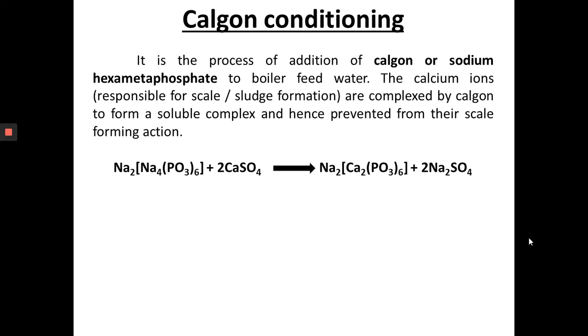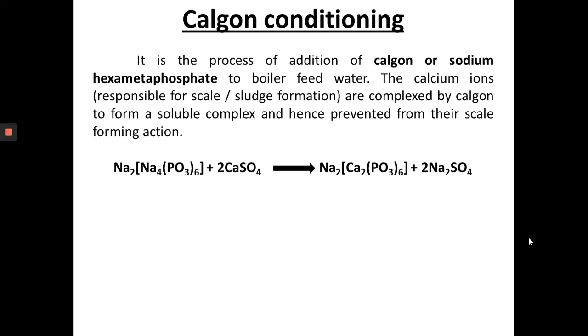So how does it form? Sodium hexametaphosphate, which is a complexing agent, Na2[Na4(PO3)6], is the chemical name of Calgon.